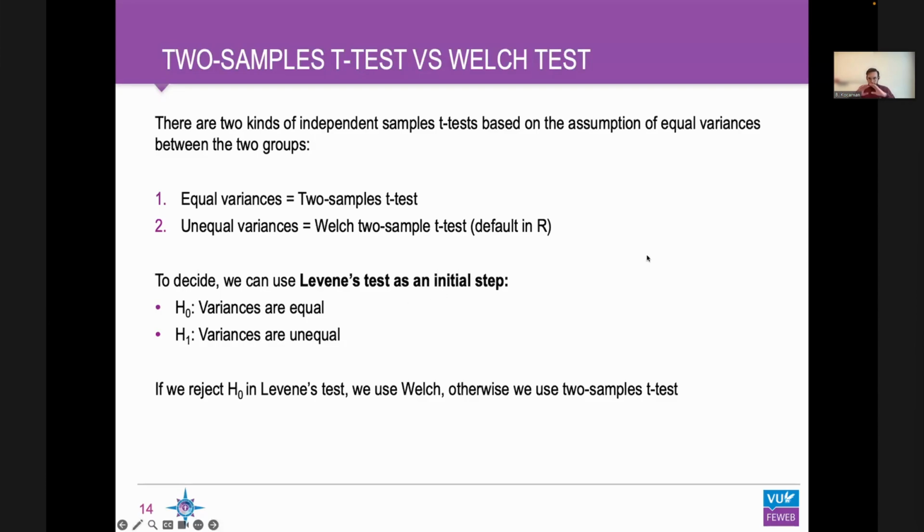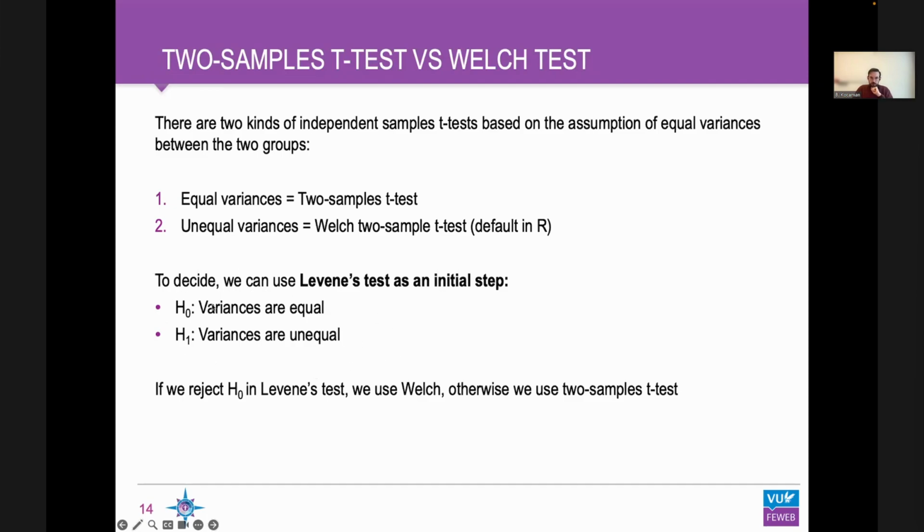I hope I'm not overwhelming you, but basically before doing an independent sample t-test, the first step is to do a Levene's test to see if the variances between these two groups are equal. The null hypothesis of the Levene's test is that the variances are equal, and the alternative hypothesis is that variances are unequal between these two groups.